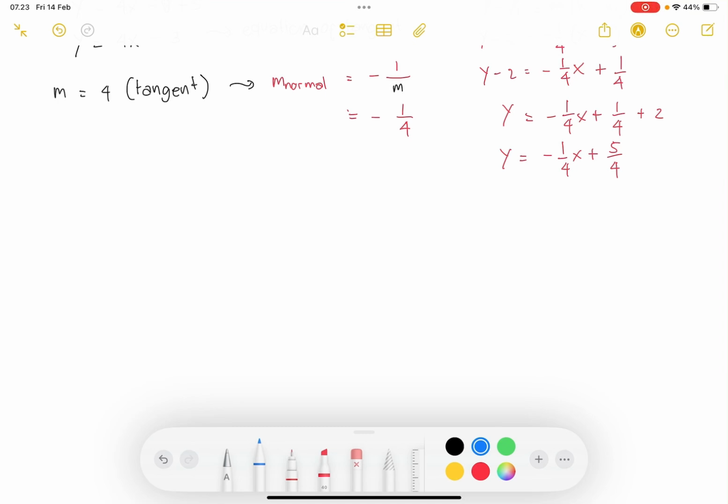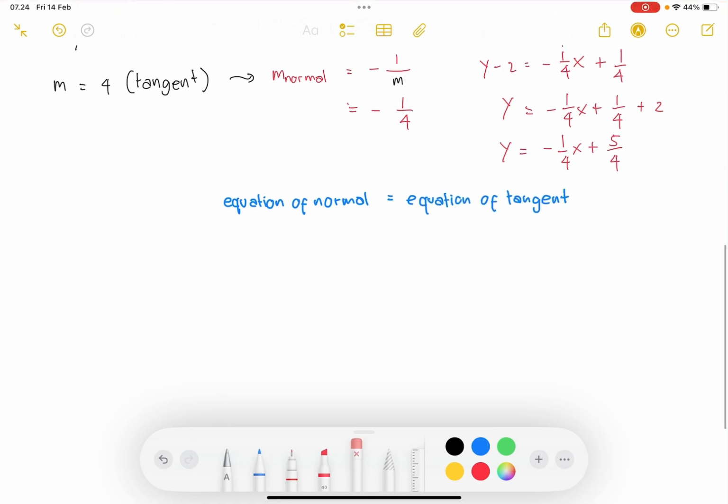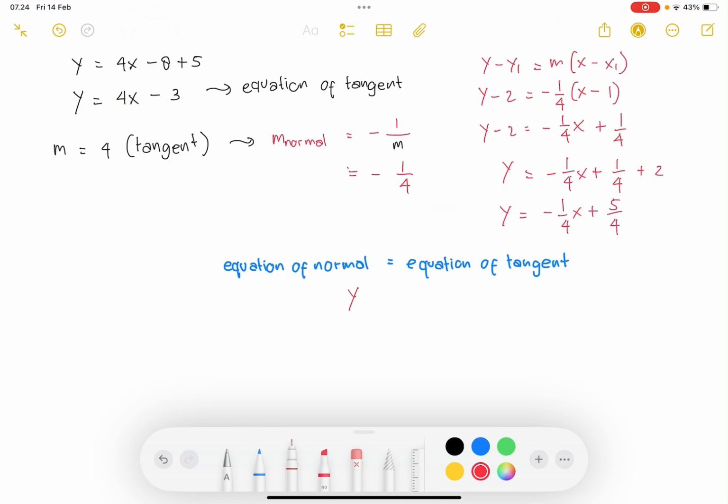So the equation of the normal will be the same as the equation of the tangent. The normal is y equals minus 1 over 4 x plus 5 over 4, and this equals 4x minus 3.